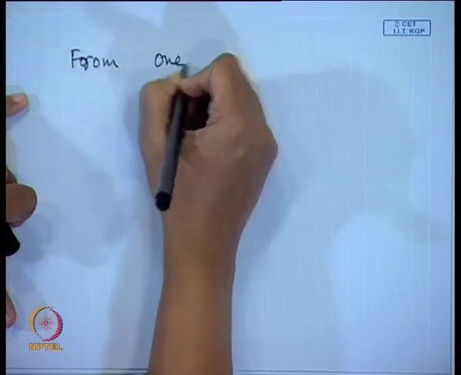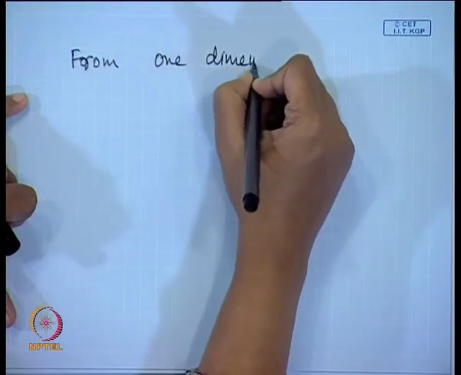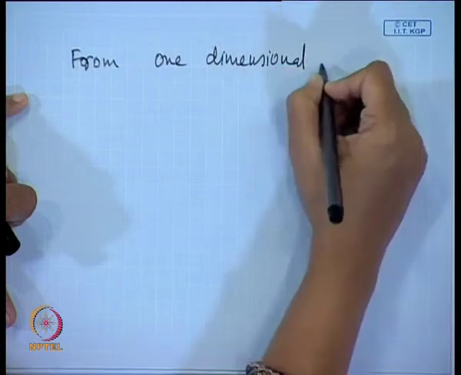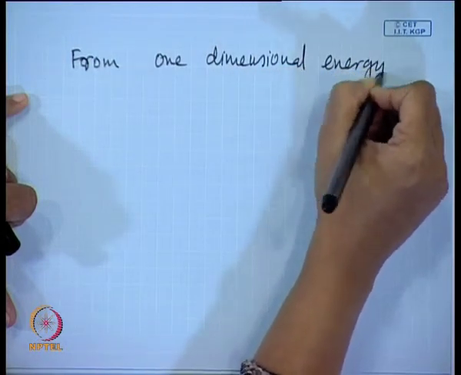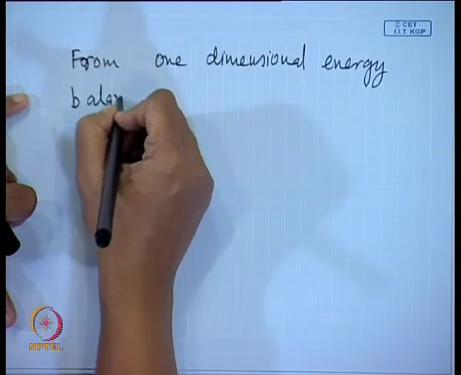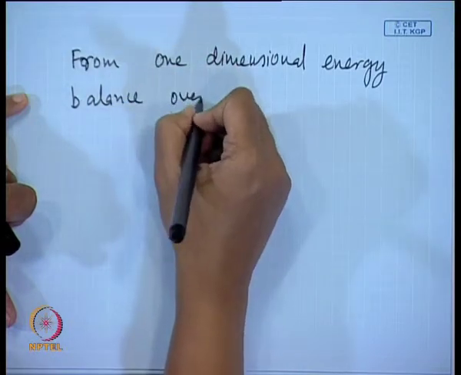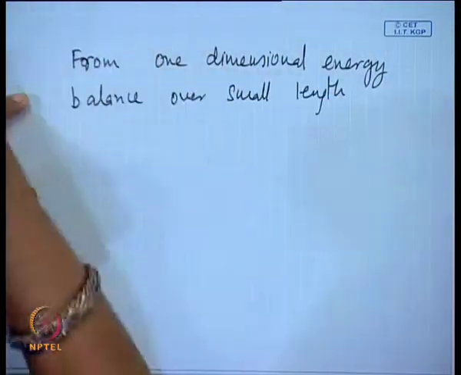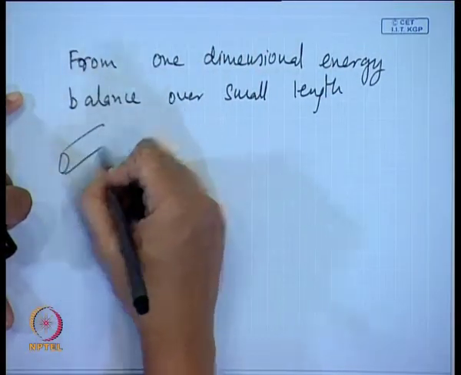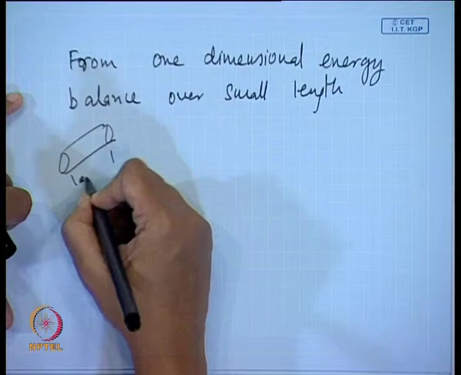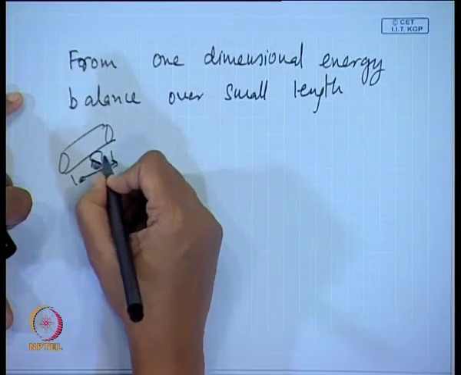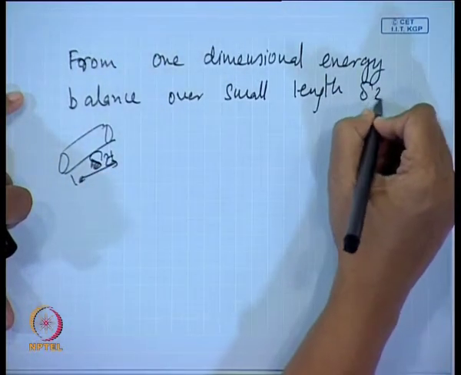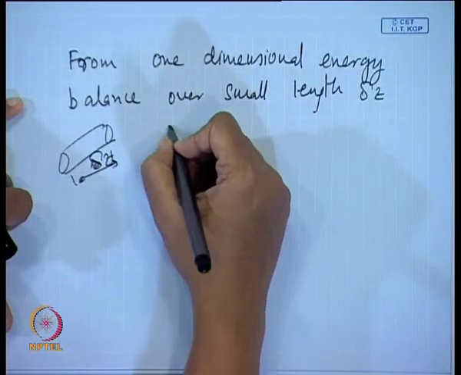Say from one dimensional energy balance, say over a small length delta z, just like we had done for this. That same figure, if you remember, we had taken a delta z, this same thing we are going to do, delta z of tube.